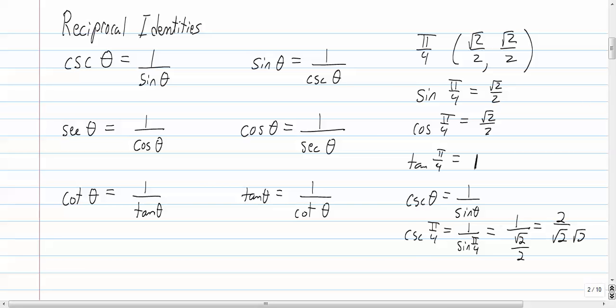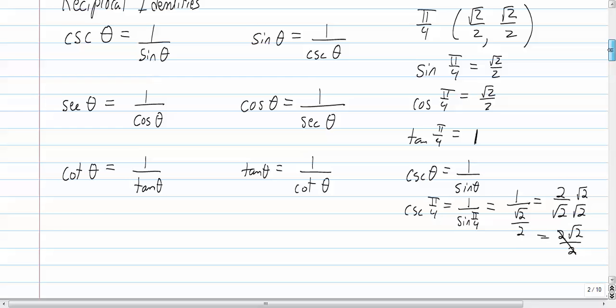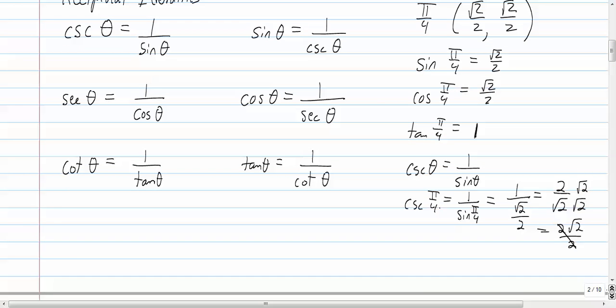And then after you rationalize, you'll get 2 square roots of 2 over 2, and these 2's cancel out. So what that tells you is the cosecant of pi over 4 is the square root of 2. It's just the reciprocal of what you get when you work out the sine.